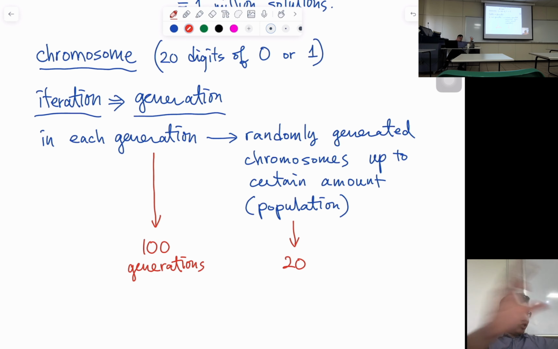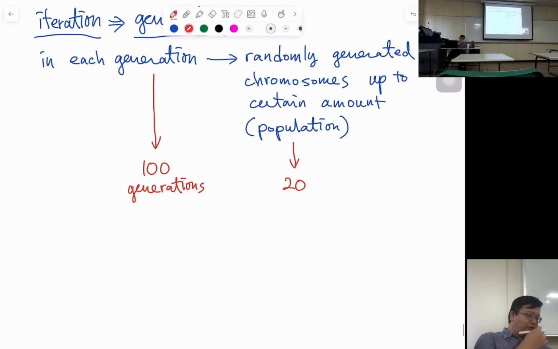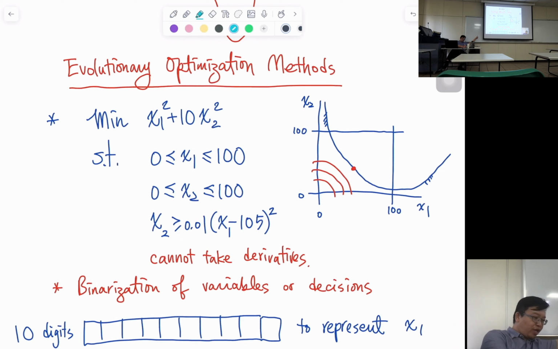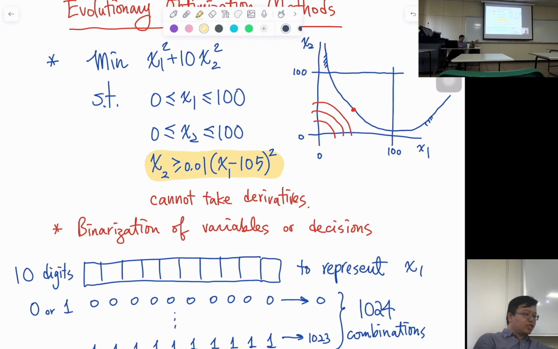So every time you randomly generate a chromosome, you need to check how good the solution is. Usually, for a problem that has one constraint function right here, the way I define the binary digits automatically makes sure I satisfy the variable bounds, upper bound and lower bound.